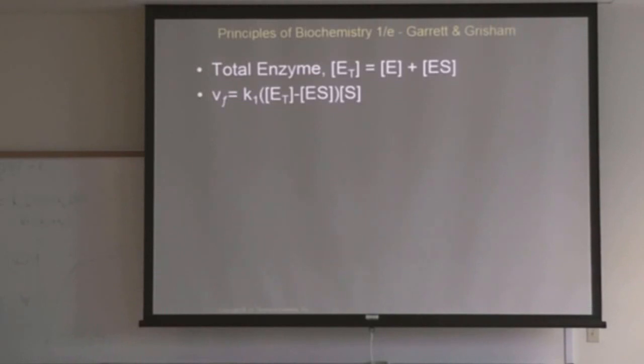So that's where I messed up. So K forward is going to be K1 times free enzyme, which is also equal to K1 times E total minus ES.